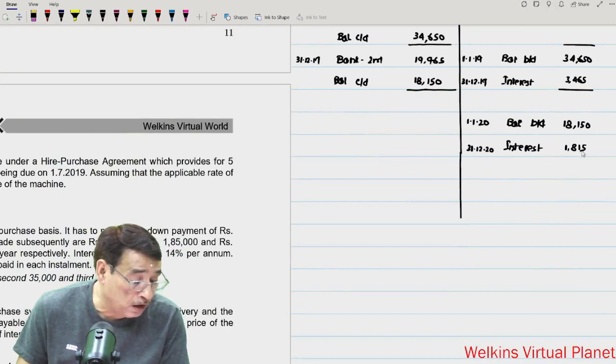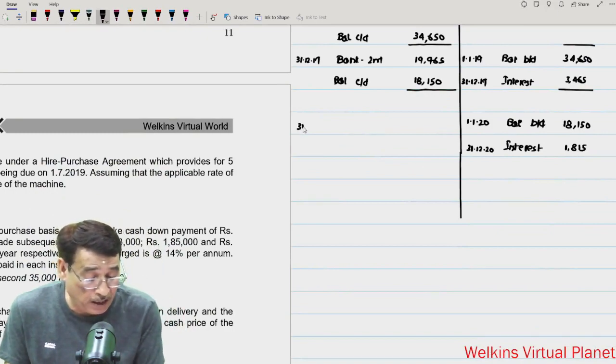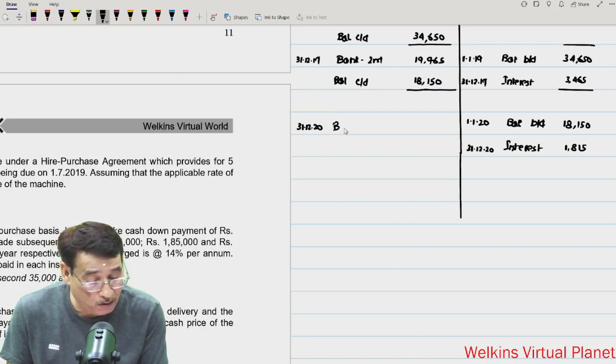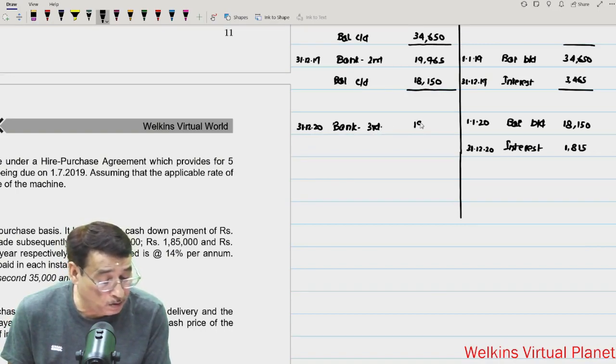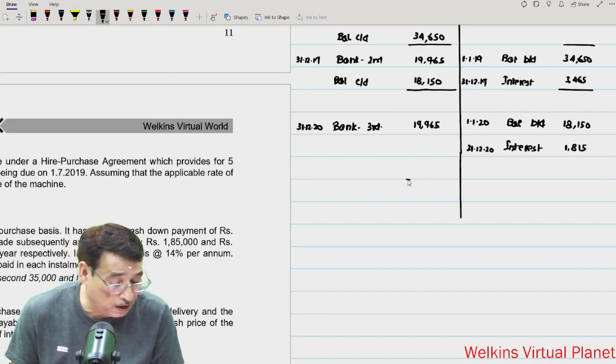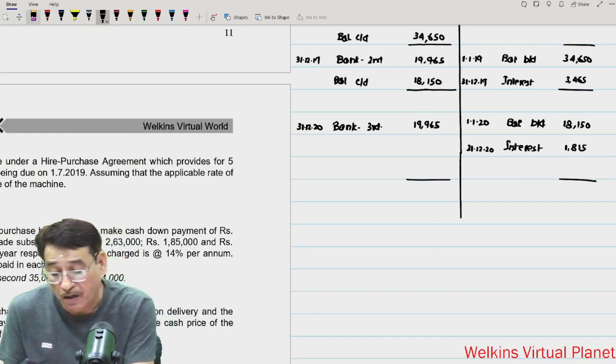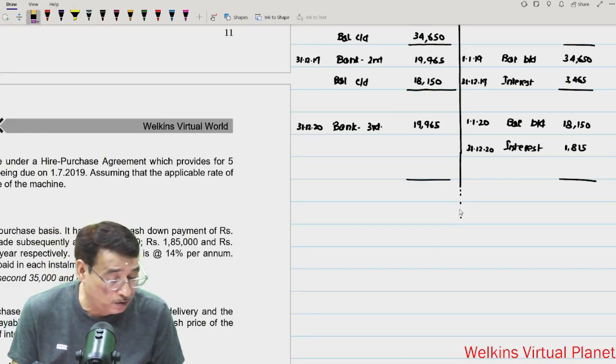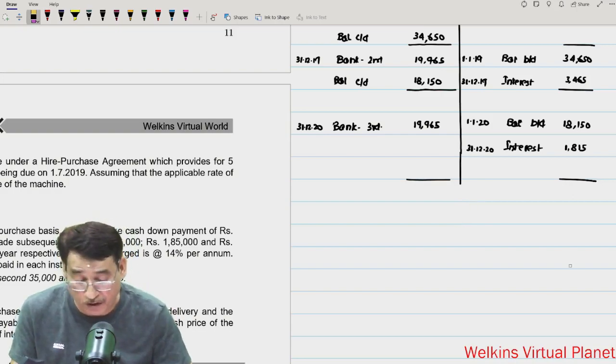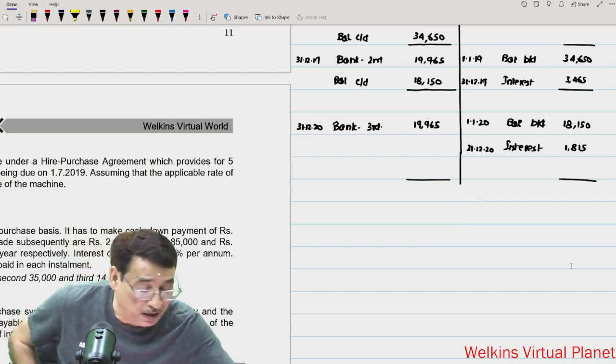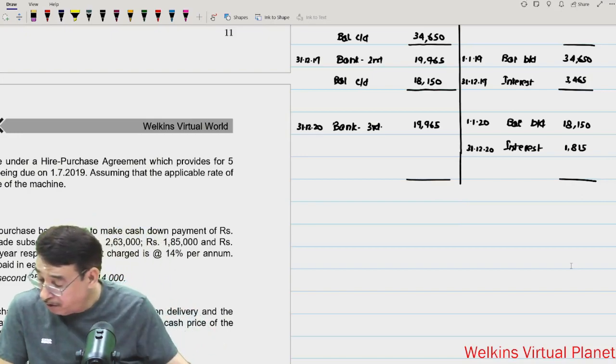You can see now, when I will make the final payment to bank, third installment, 19,965, this account will automatically get tallied. Is it clear to you or not? This is how you are going to prepare. Actually, I just wanted to give you a bit of idea how you are going to prepare the accounting in this particular case. Is it clear to you or not?